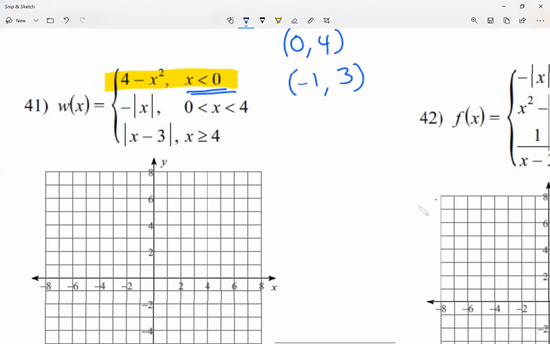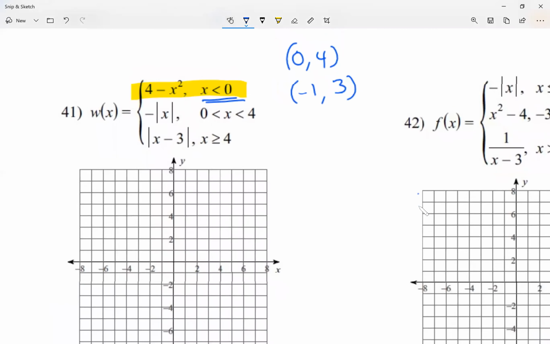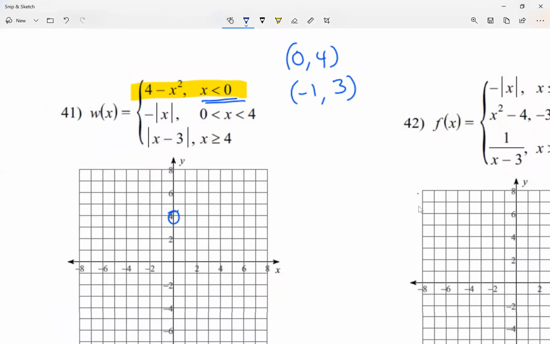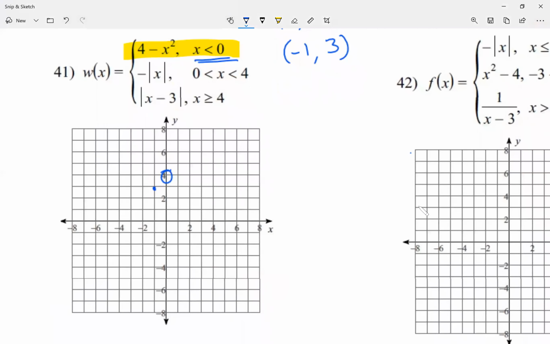Let me graph the points that I have already. The point (0, 4), that's an open circle. The point (-1, 3), and remember, I'm expecting this to look like a U shape.